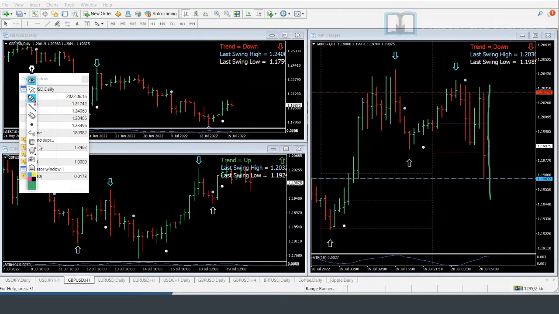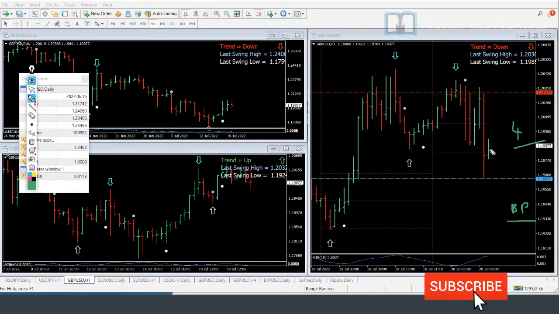Okay, so we do not know, of course, which of the 4 setups is going to come, but the good thing is we know there's only 4 that could happen, and from the 4 we can now project how we're going to enter if any of the pattern setups do occur. Okay, so that's the power of knowing bar projections and how we should be entering even before the bar closes.